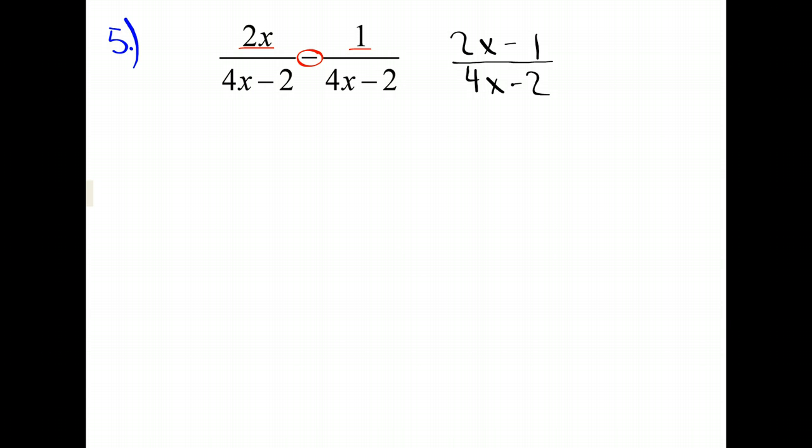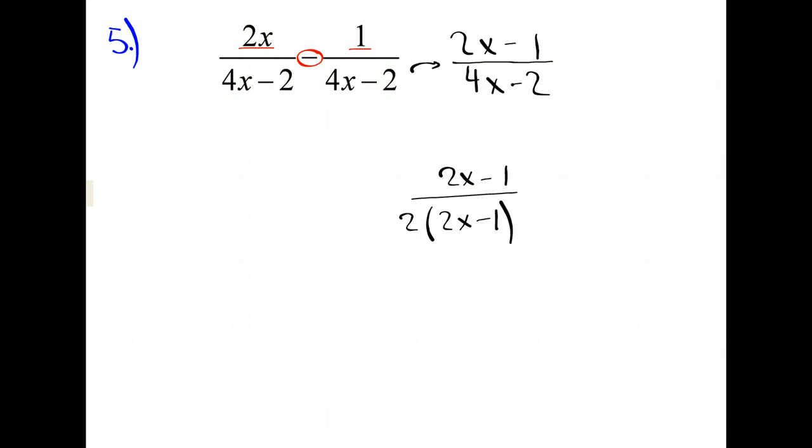And some of you had this as your answer, and that is almost correct. It just reduces if you factor the denominator. And some of you, again, just totally left off the 4x minus 2 part, which you can't just leave the denominators off. That's not accurate. So that is the same as this, and if I factor the denominator, I end up with 2x minus 1 over factor a 2 out, and I'm left with 2x minus 1.